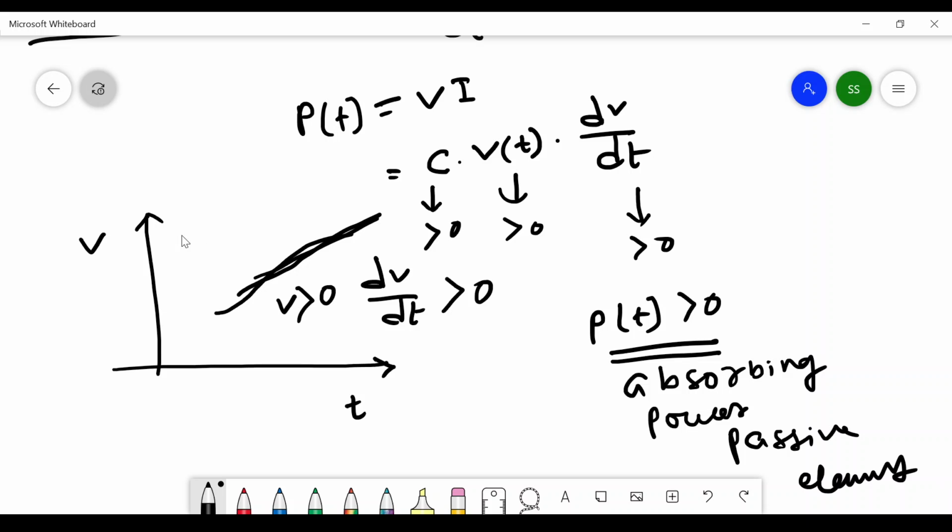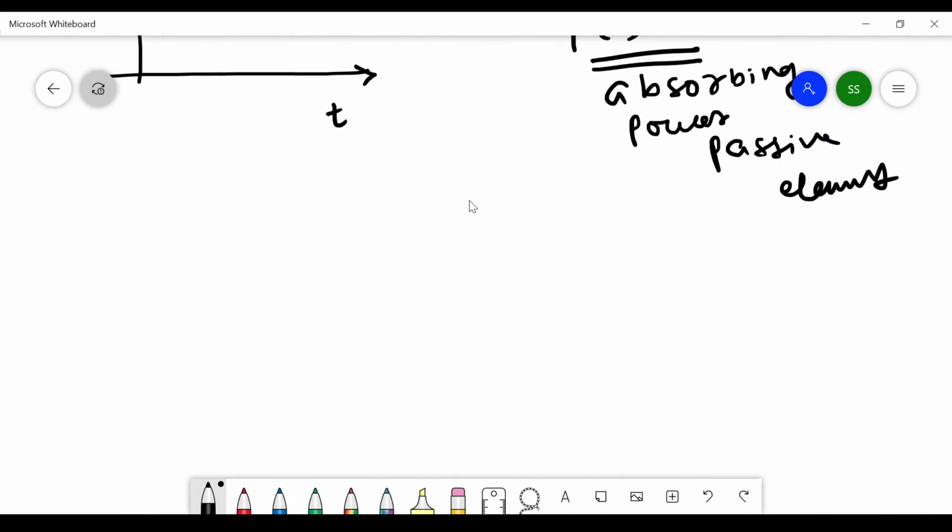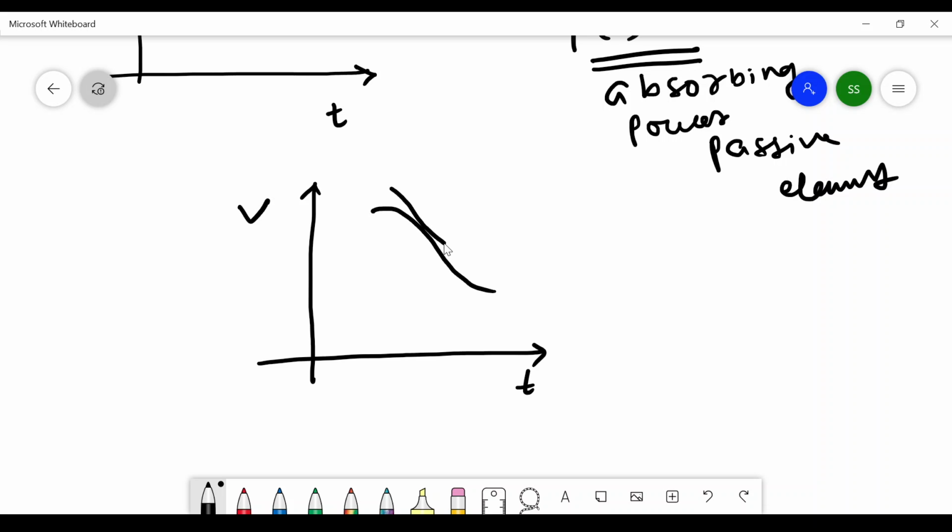Now if I have a different voltage waveform like this, here you can say that dv/dt is less than 0 and v is greater than 0, so power becomes less than 0.